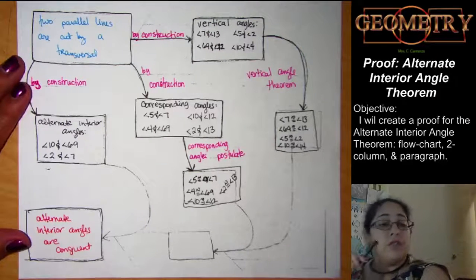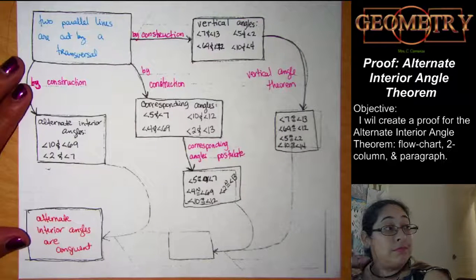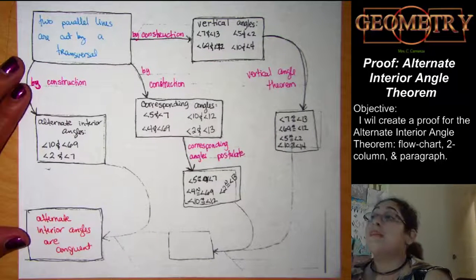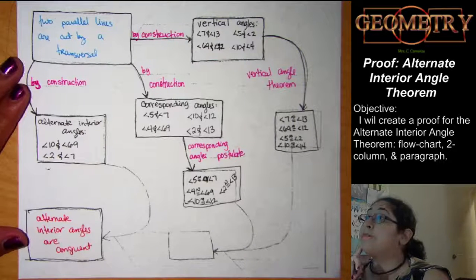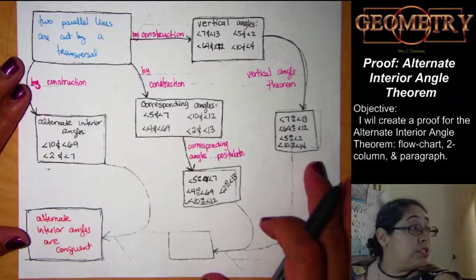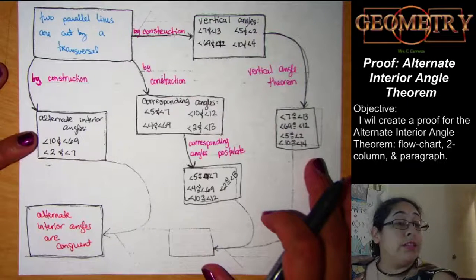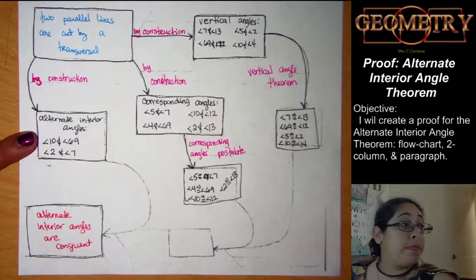Which angles are the alternate interior ones? They're on opposite sides of the triangle. You're right. Didn't we list them already? Yes. Here they are.